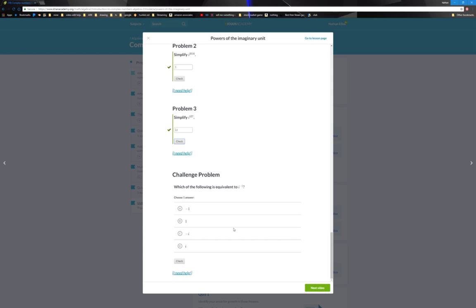So now's our challenge problem. Which of the following is equivalent to i to the negative first? If we follow our pattern, our pattern starts at 1.